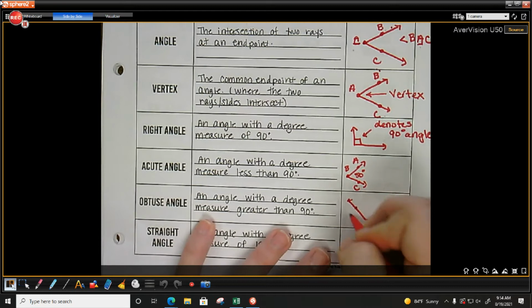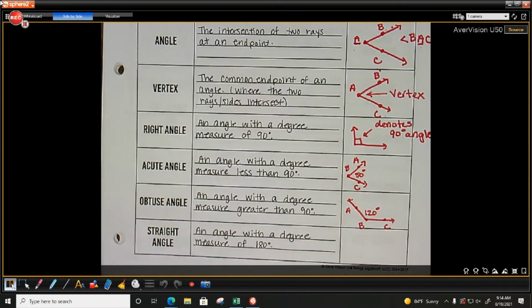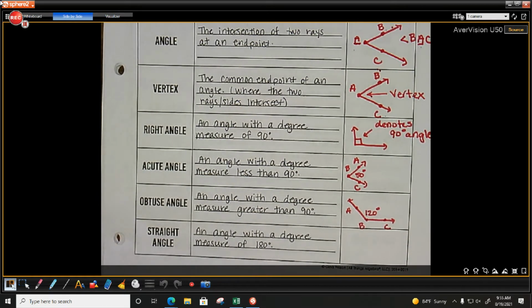I have A, B, C, if this is like 120 degrees, angle B is an obtuse angle. It's bigger than 90 degrees. Good with that? Acute, little, less than 90. Obtuse, big, bigger than 90.